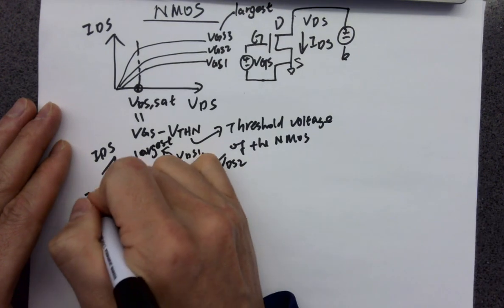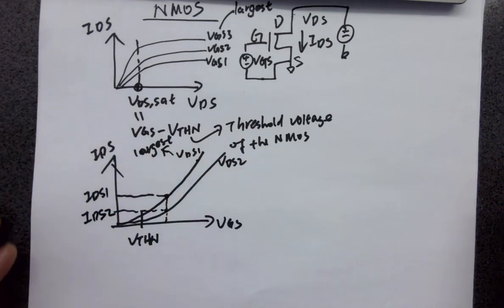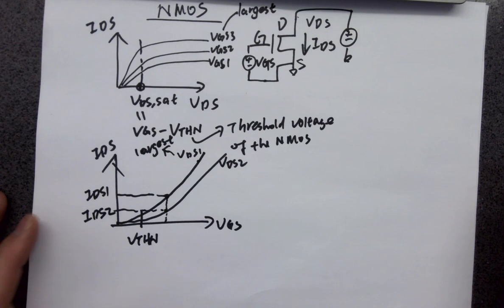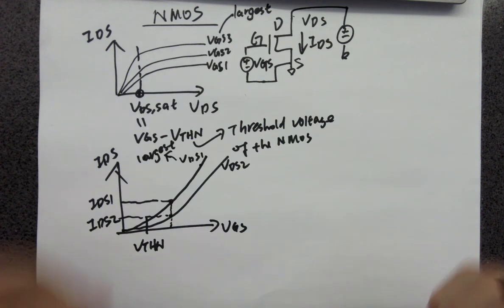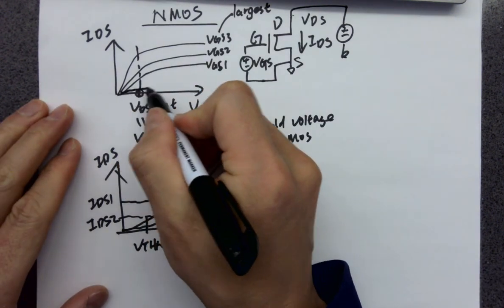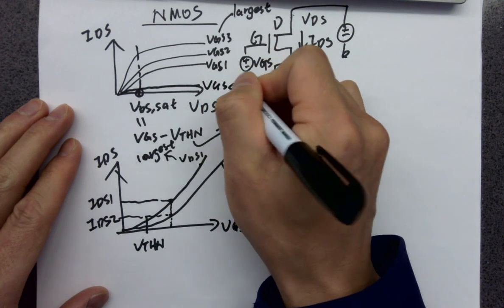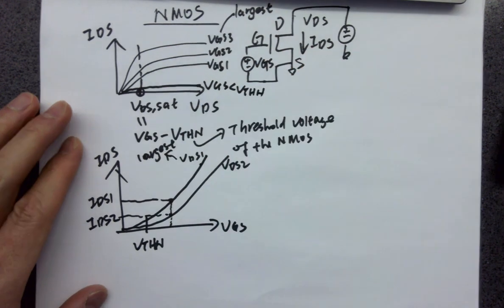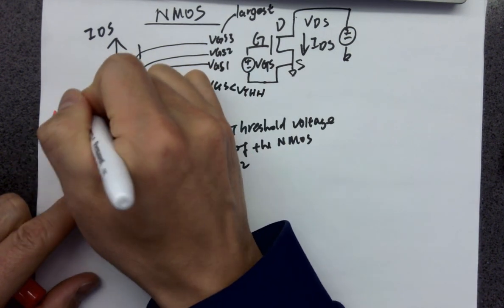Right? Any questions on this? No? And there's the cutoff region here with the VGS lower than VTHN. So this region is called what? Cutoff. It's a cutoff region.